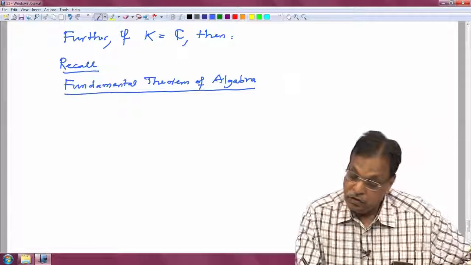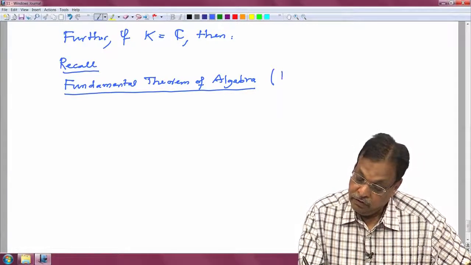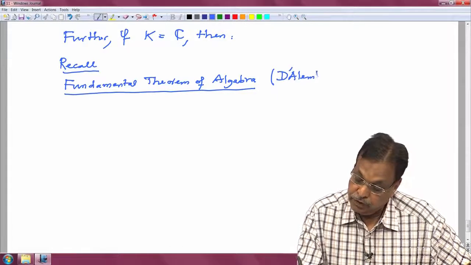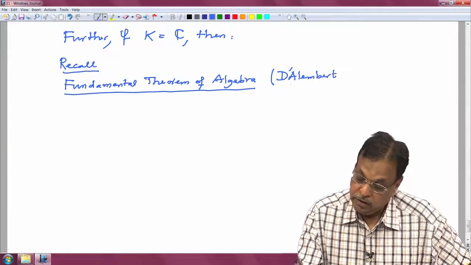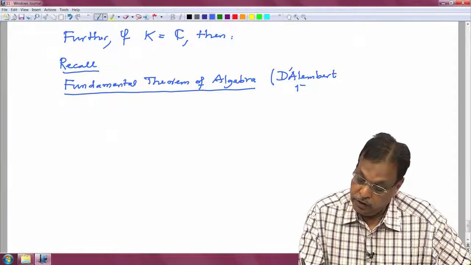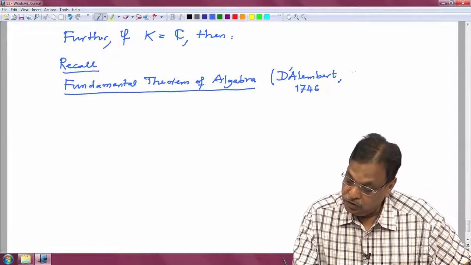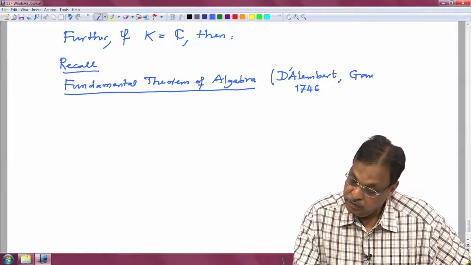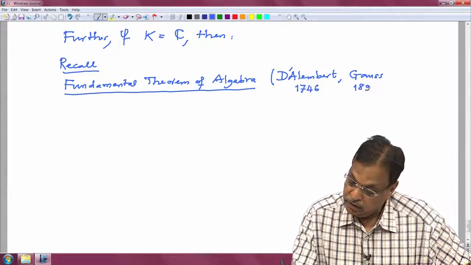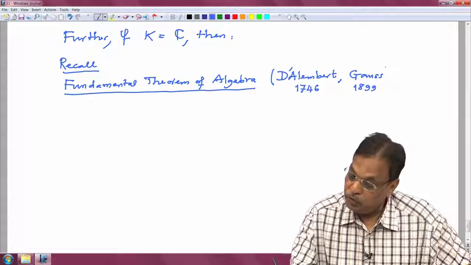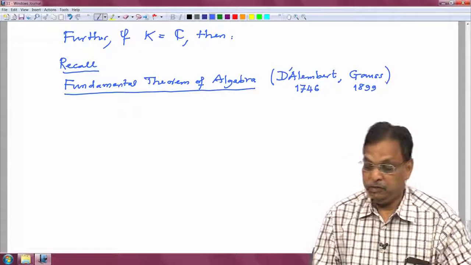This was first stated by the French mathematician D'Alembert. He stated this formally in 1746, and the first correct proof is due to Gauss in 1799. That was his PhD thesis.